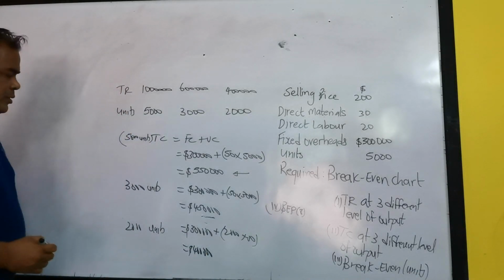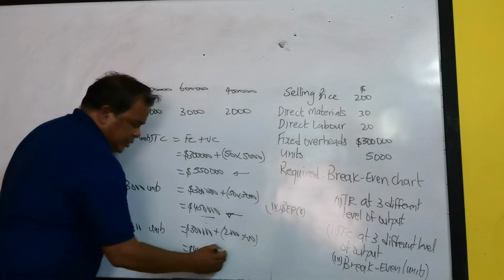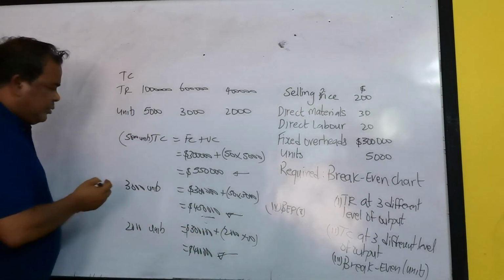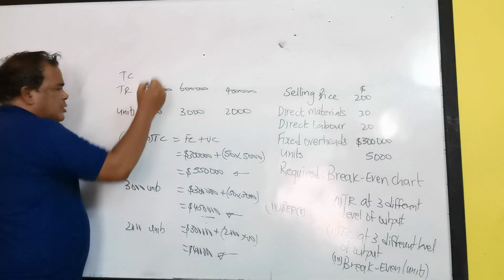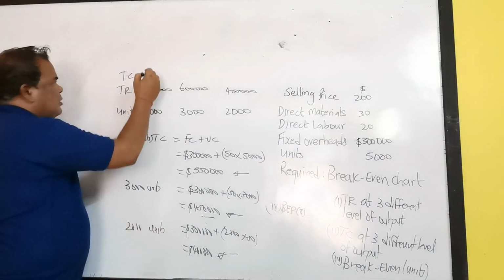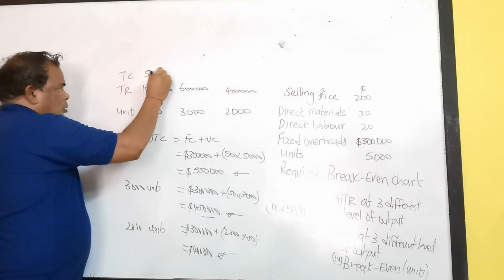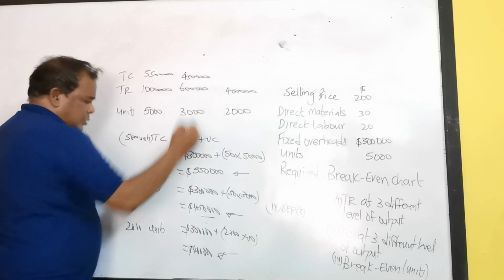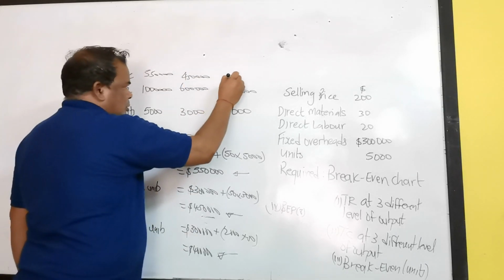Then we copy it neatly again. Total cost when 5,000 units is 550,000, then total cost 450,000, and then total cost 400,000.